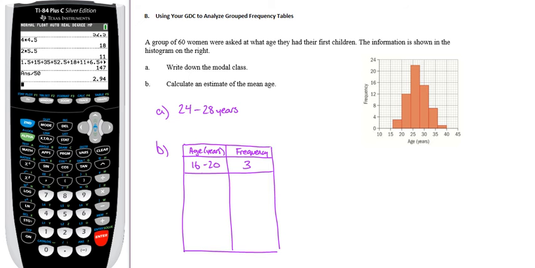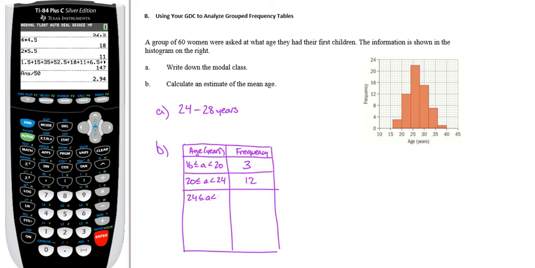The next interval goes from 20 to 24. We should probably put these as proper intervals. So 16, we'll call it A for age, 20 to 24, and that has a frequency of 12.